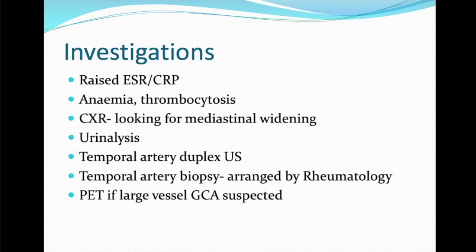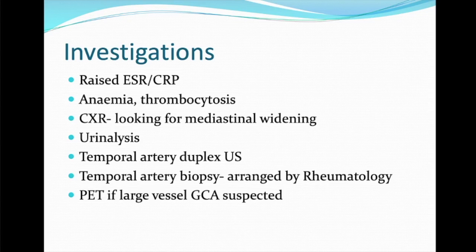And then a temporal artery ultrasound is widely used to look for signs of inflammation in the temporal arteries. In Sunderland, we request it via radiology, but in rheumatology specialist centres like the Freeman Hospital, the rheumatology consultants are trained to do the temporal artery ultrasound within the department.